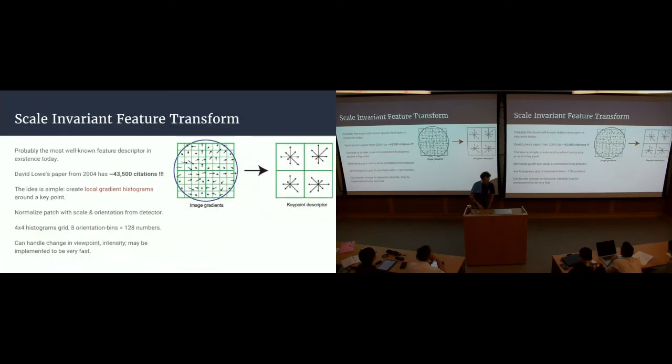Okay? All right. SIFT, the scale-invariant feature transform, is, I will dare to say, 100% the most well-known feature descriptor on the whole entire planet. The paper from 2004, actually suggested in 99, has 43,500 citations.